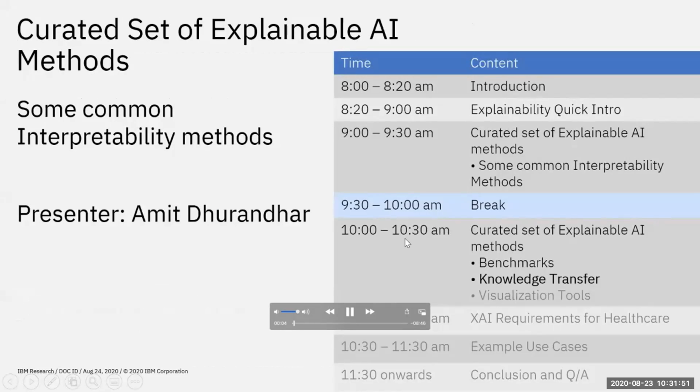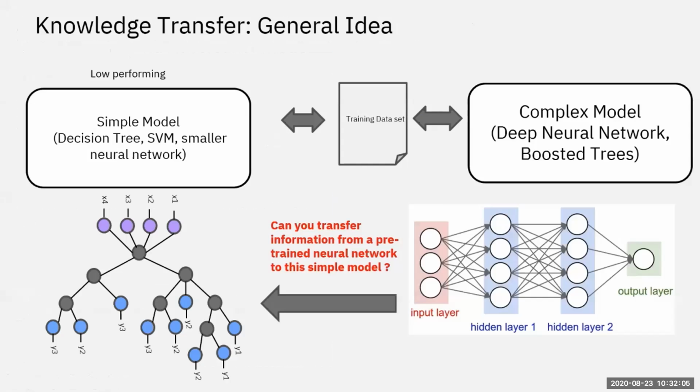Thanks, Sanjoy. So now what we'll do is look at a very important class of methods called knowledge transfer methods. And these have applications in interpretability as well as beyond, as we'll soon see. So the basic idea is this.